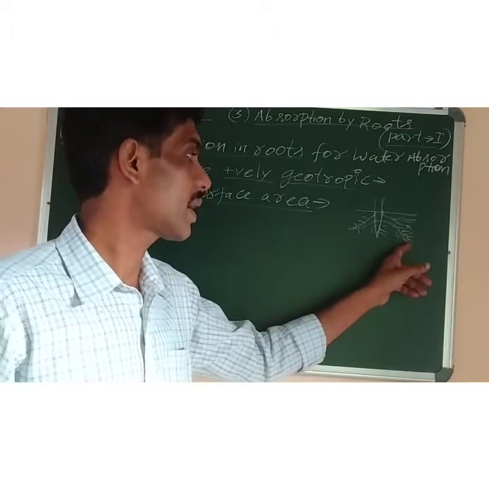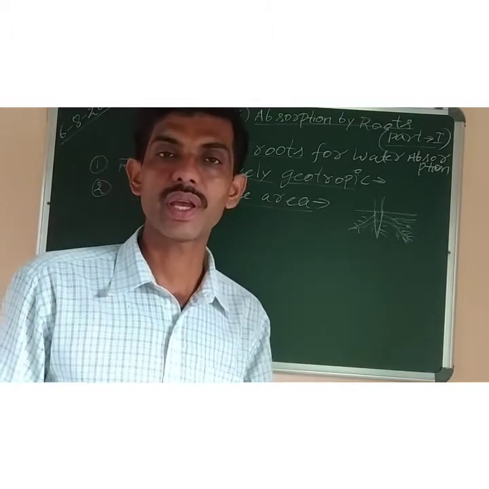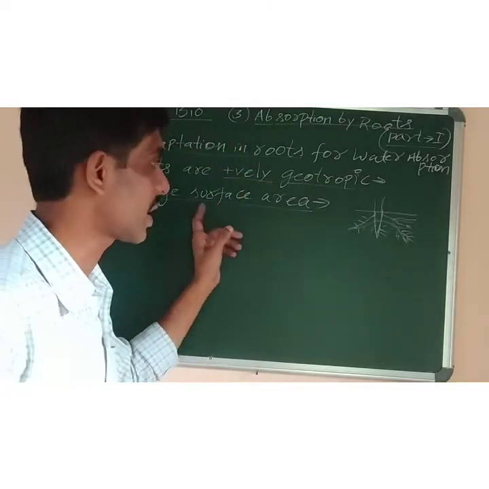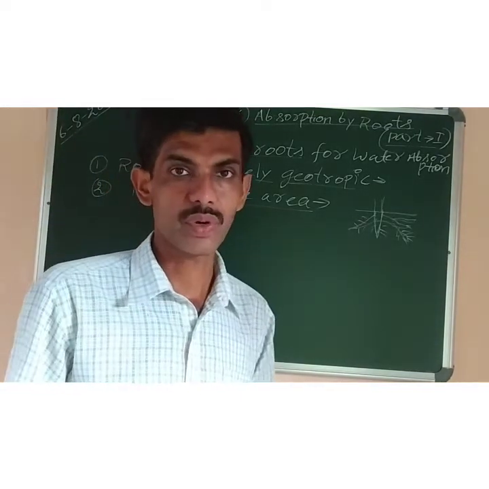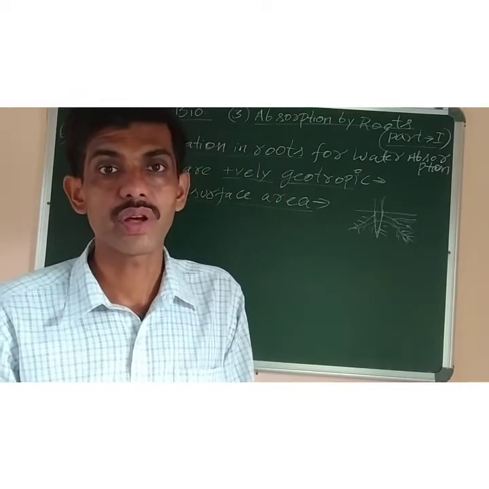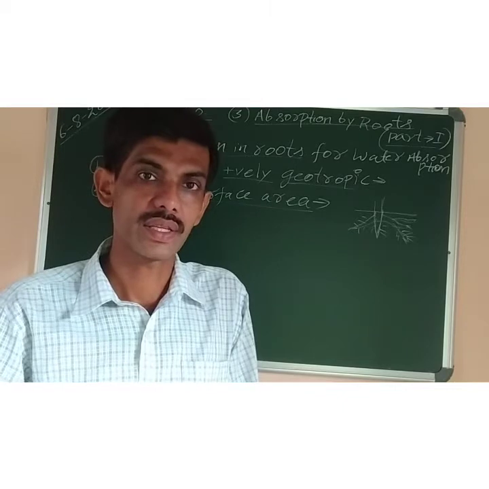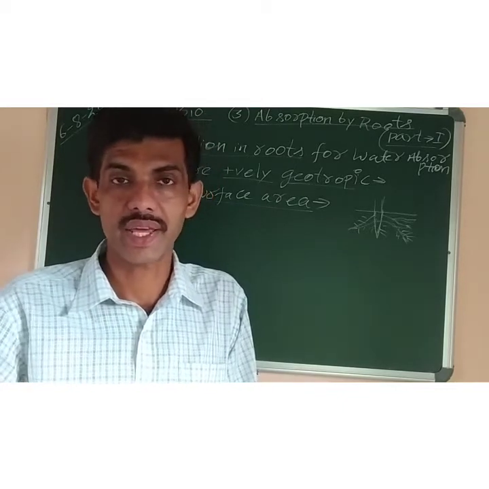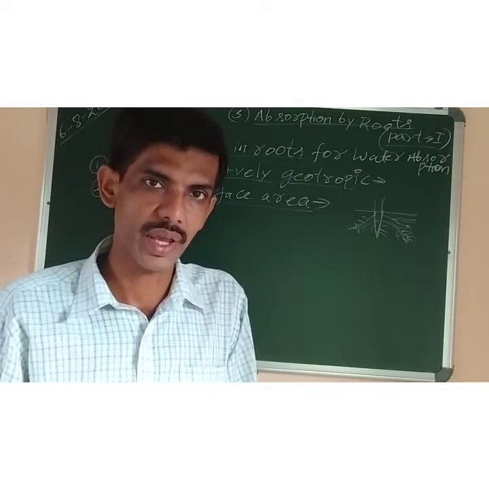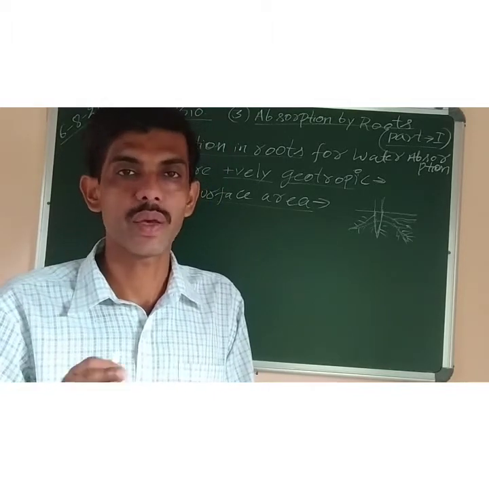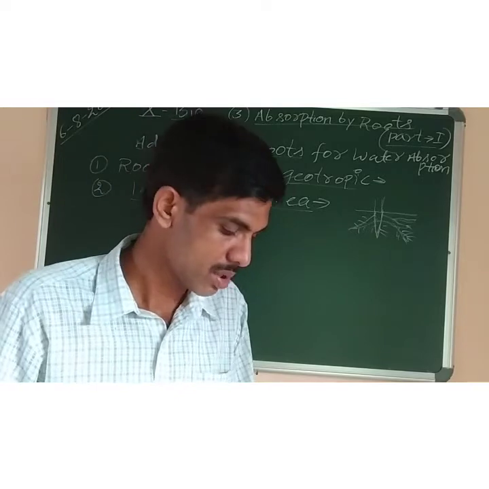So those water and minerals will come in contact with the root hairs and they will be absorbed. So if surface area of the root hairs is increased, of course it is increased. How? Due to the vast network of root hairs. That is root, primary root, secondary root, tertiary root, and the root hairs increases the surface area of the root, which helps them to absorb more and more water from the soil.